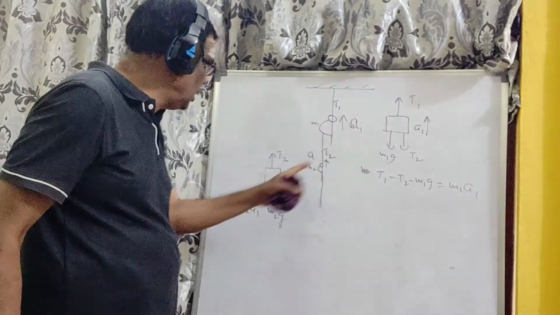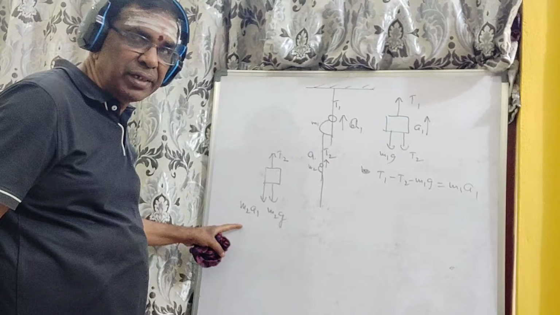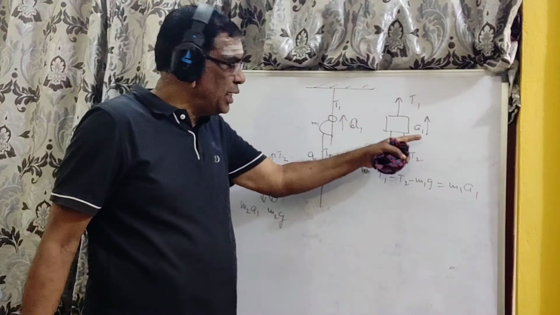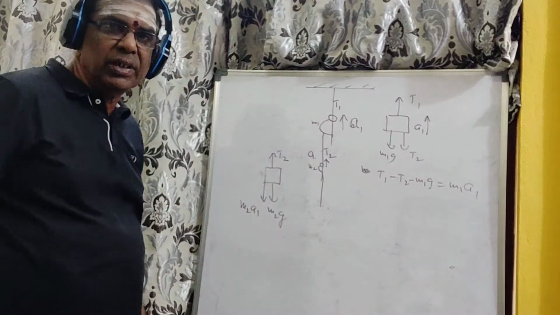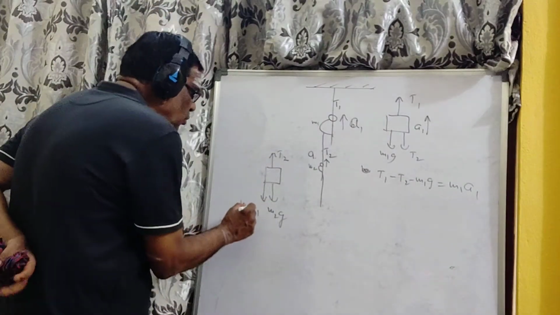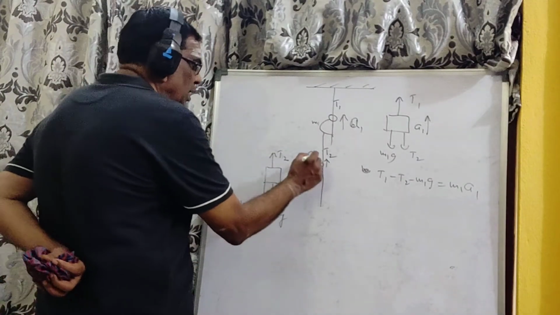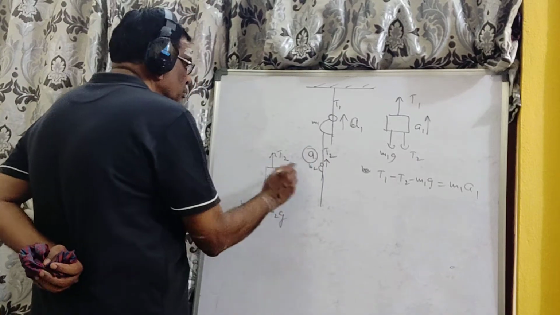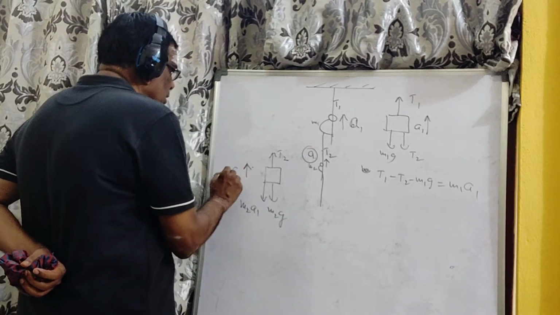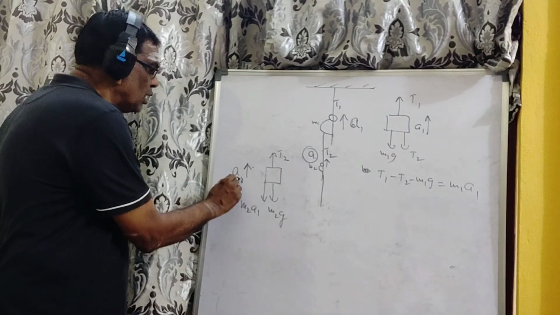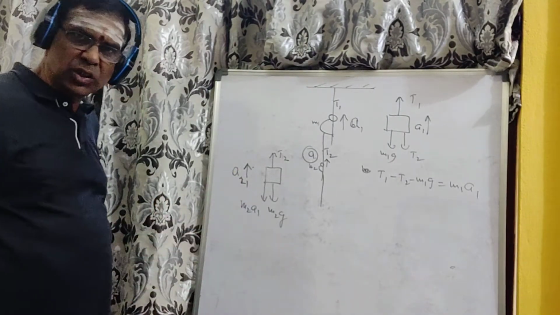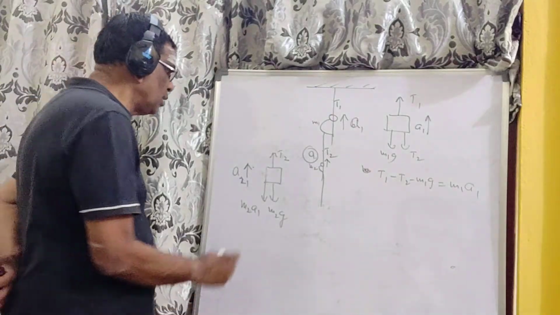If it is stationary, this will not come into play. Because I took a complicated case here with A1 going up, you will get M2A1 downwards. And once you take pseudo force, you will get relative acceleration. And you say it is going up with the relative acceleration, we will call it A21 to be more precise.